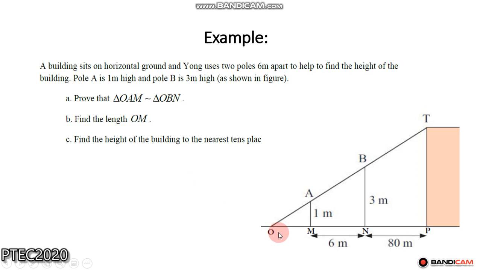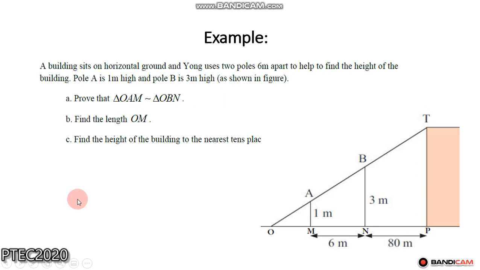Question B, find the length from O to M. And C, find the height of the building to the nearest tenth place. So where is the height of the building? The building you can see in the pink color here. The height of the building is represented by TP, as you can see here.